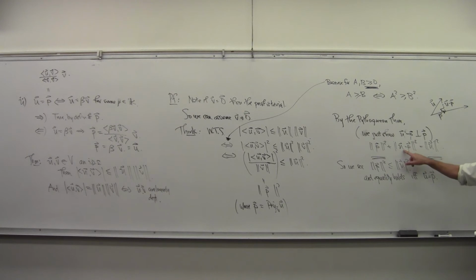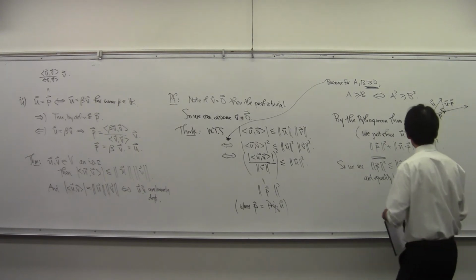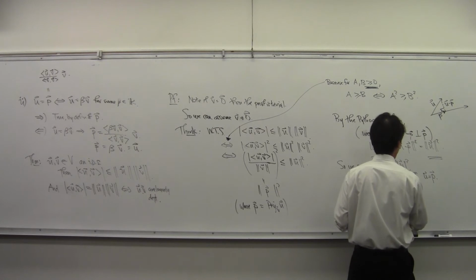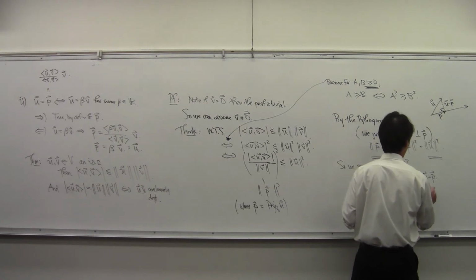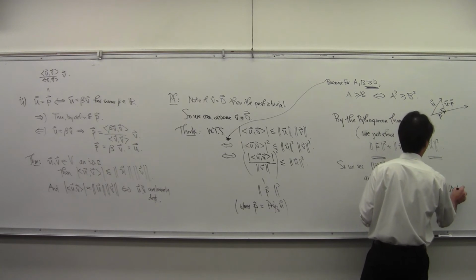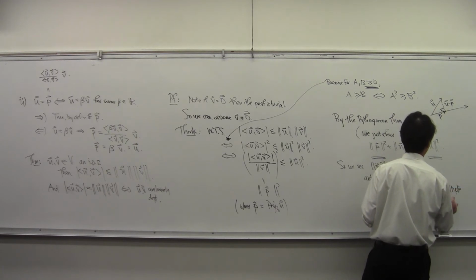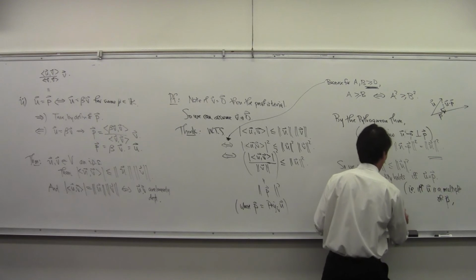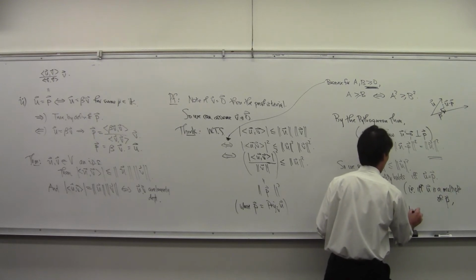In other words, U and P would have to be the same thing. So equality is going to hold if and only if U equals P. And that's the end of the proof. In other words, if and only if U is a multiple of P by the second lemma.